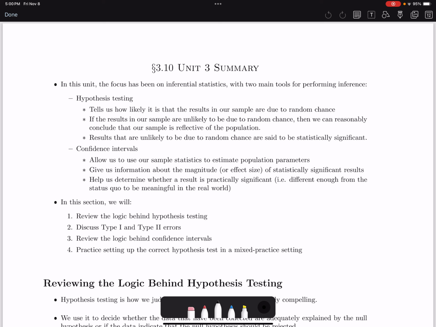Then finally, to wrap up, I'd like to practice setting up the correct hypothesis test to run, with a little bit of mixed practice incorporating all of the hypothesis tests that we've talked about. So let's get started reviewing the logic behind hypothesis testing.